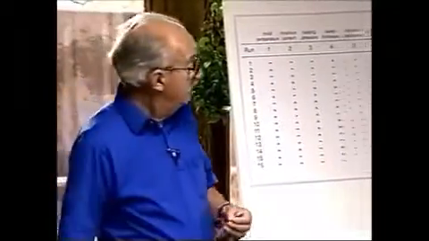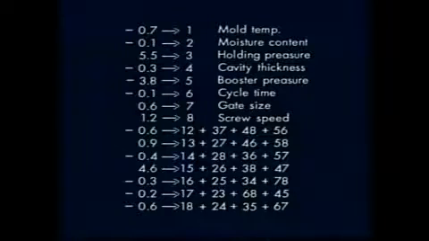This is one of those designs, and it has an interesting property. You can see that the main effects are not confounded, not mixed up, not aliased with any 2-factor interactions, and we're not ignoring 3 and higher.